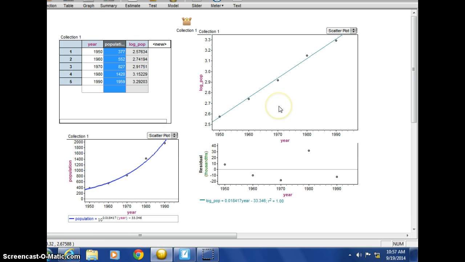So the exponential model is doing the exact same thing. The TI people just did the transformation for you and called it an exponential regression. Remember, an exponential regression does not exist. What they're doing is transforming the data, creating a linear regression line with the transformed data, and then transforming it back to come up with a nice model.